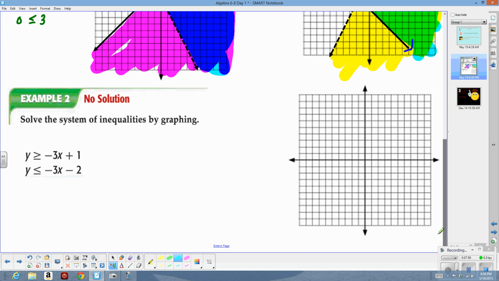Now our last example is going to be a situation where there's no solution. Let's go ahead and graph these two lines. You'll notice this will be a set of parallel lines because they both have the same slope. So we're going to plot the y-intercept, which is 1, and then the slope is -3. So we're going to go down 3 and to the right 1. And it's going to be a solid line.